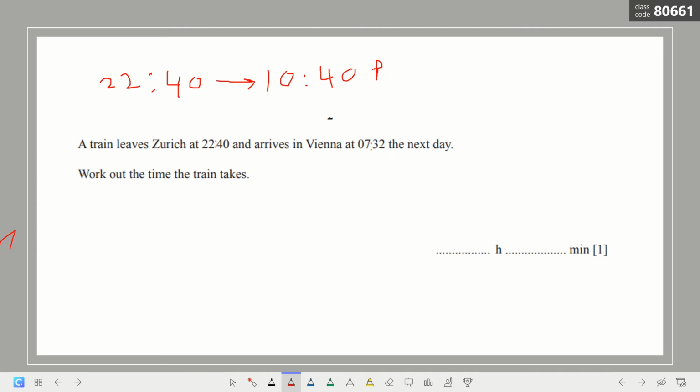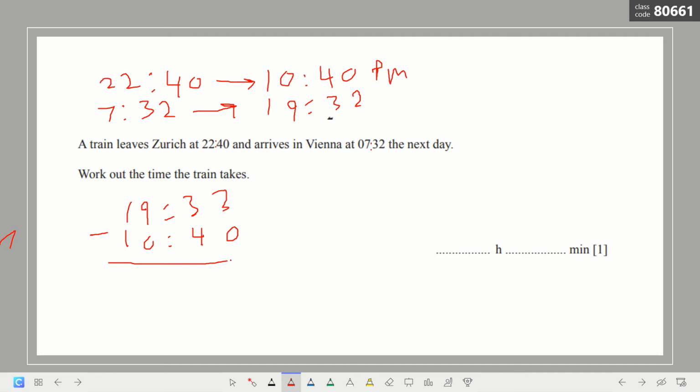This is 10 p.m. I change them. 7 and 32, because it goes after 12, I make it 19 and 32. Then I can subtract in an easy way. So here 19 and 32 minus 10 and 40.